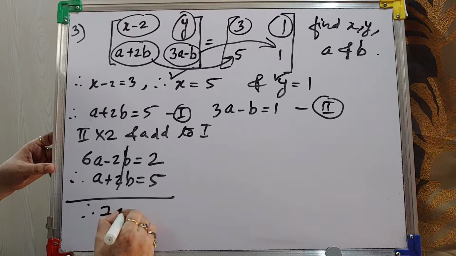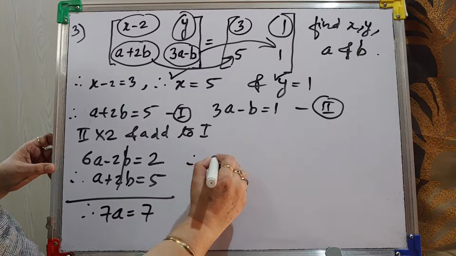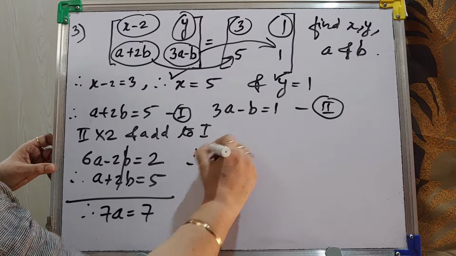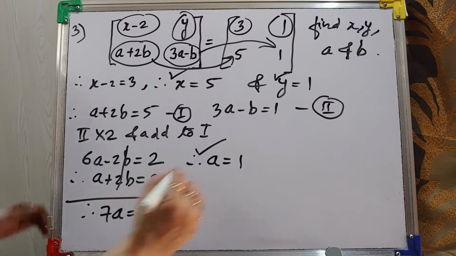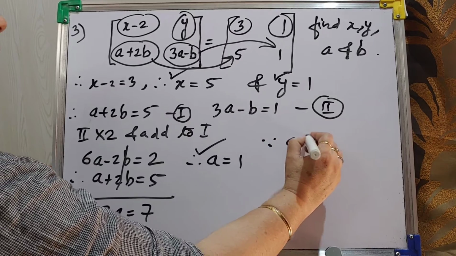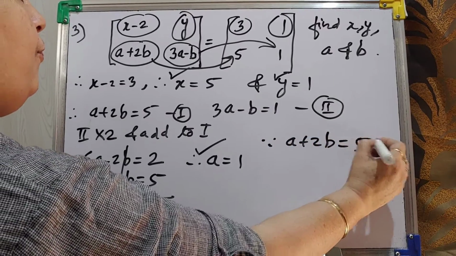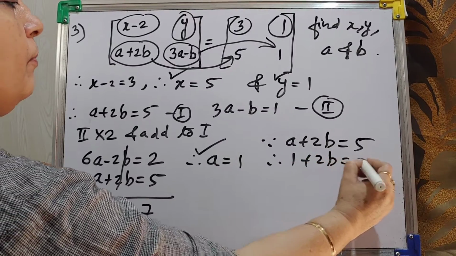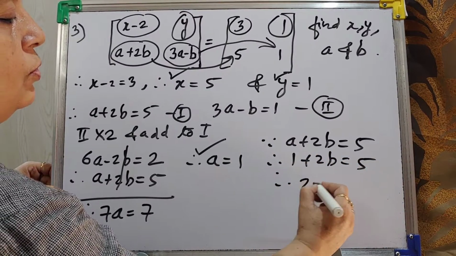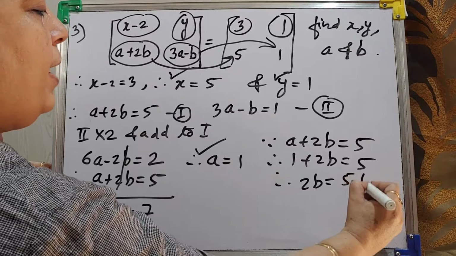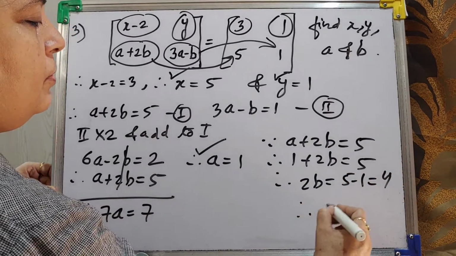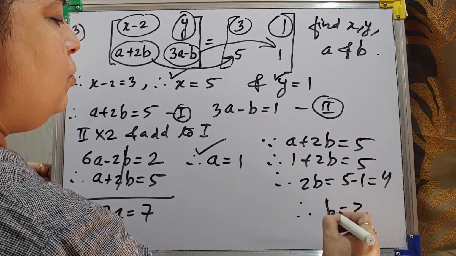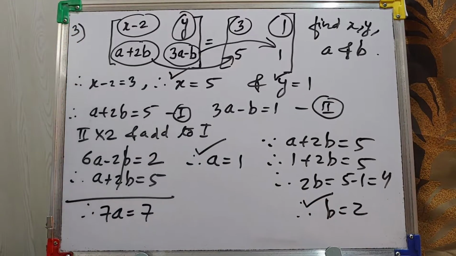So 7a equals 7. Therefore a equals 1. Third variable we got. Now since a plus 2b equals 5, substitute the value of a. So 2b equals 5 minus 1, that is 4. So my b will be 2. So we got all four variables.